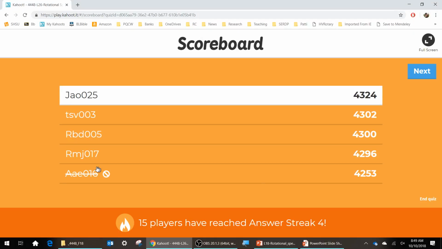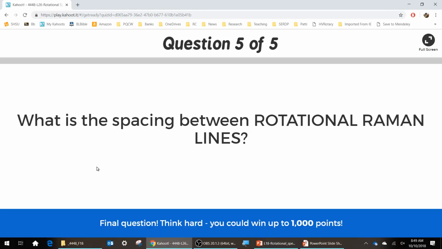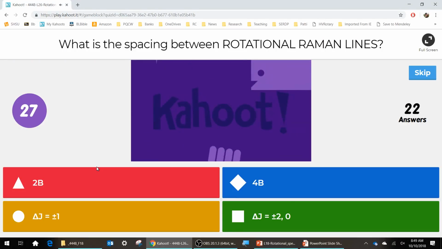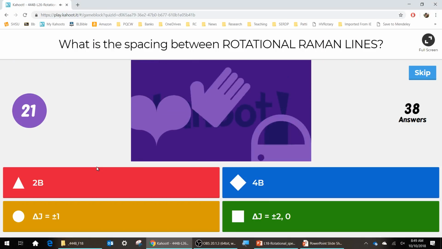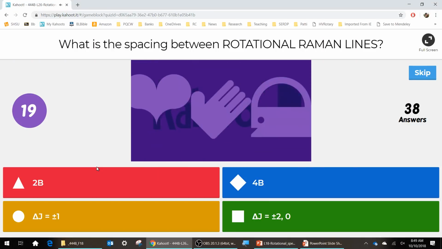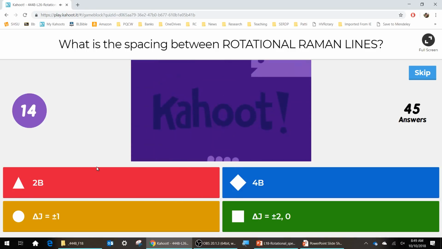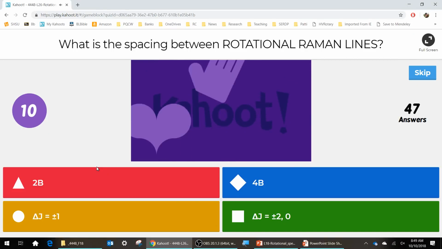What's the spacing between rotational Raman lines? Might be a slight problem with this question, but pick the one that's closest to the right answer. No, never mind what I just said.